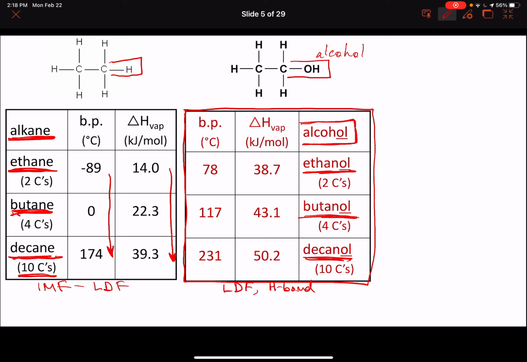Yes, that's right. So hopefully you were able to predict that given our ability to hydrogen bond with this group, we should see a significant increase in the intermolecular forces.